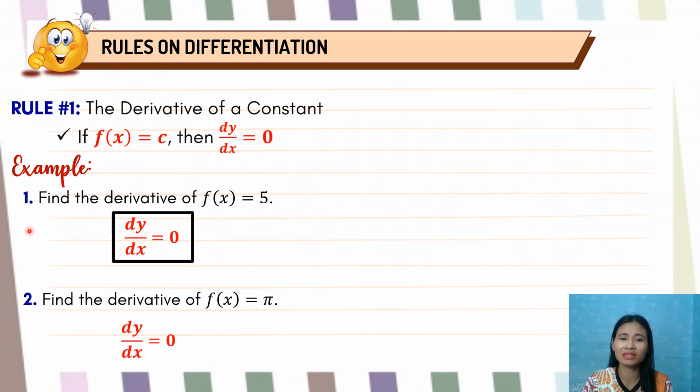Which means the derivative of f of x is equal to pi is also equal to 0. As easy as that, when we say derivative of a constant, that is always equal to 0. Whatever kind of constant, whole number, fraction, decimal, positive number, or negative number, the derivative is always equal to 0.